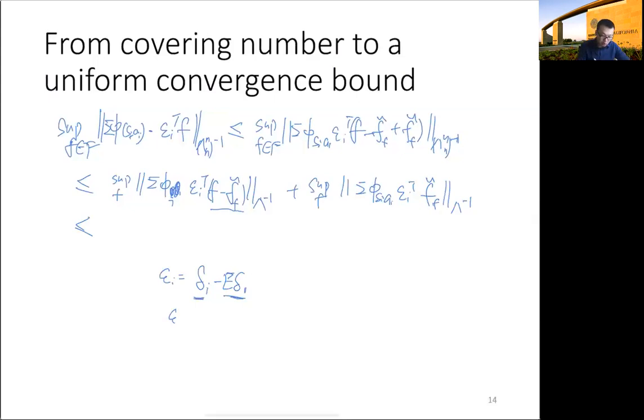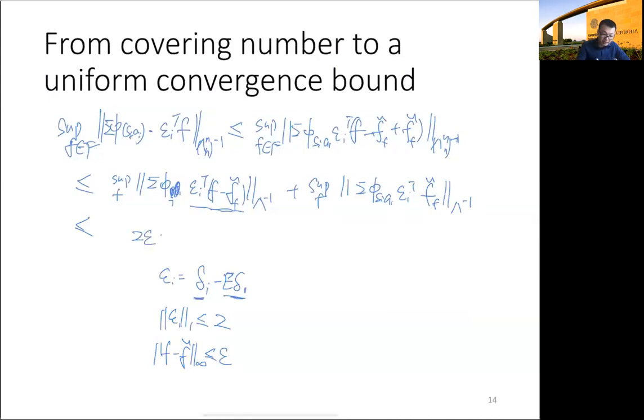So epsilon_i has a 1-norm that is smaller than 2, right? Now this term f minus f tilde has an L infinity norm that's smaller than epsilon. So these two together give this scalar value of 2 times epsilon, right? So you can bound the first term by extracting the 2 epsilon out.